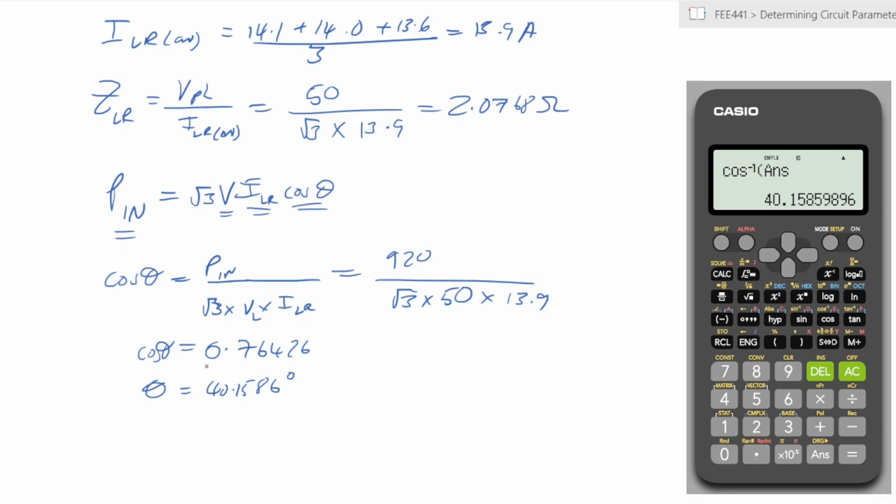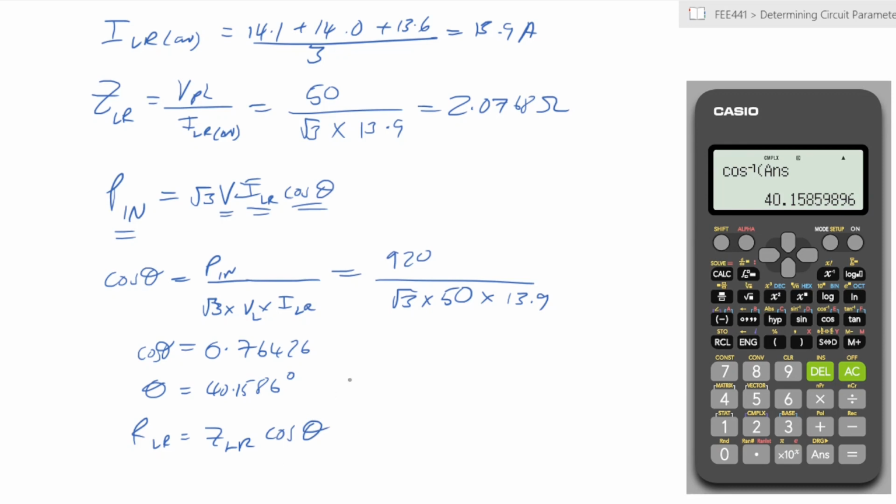So having known that, we can now use this information to come up with a number of things. We know that RLR is ZLR times cos theta.